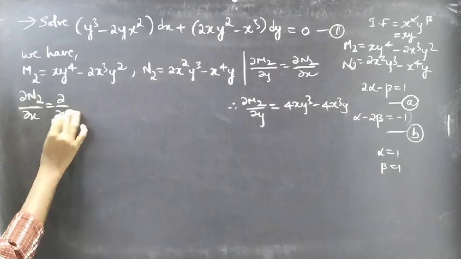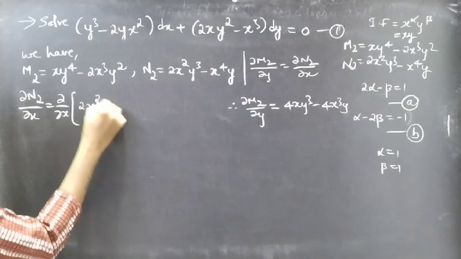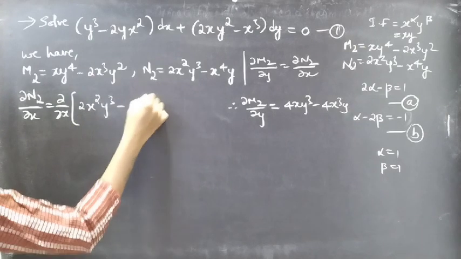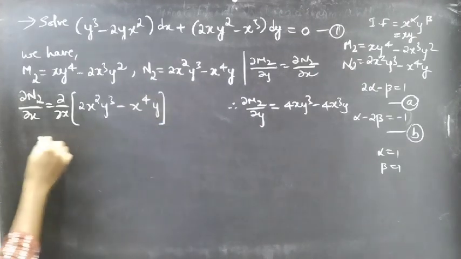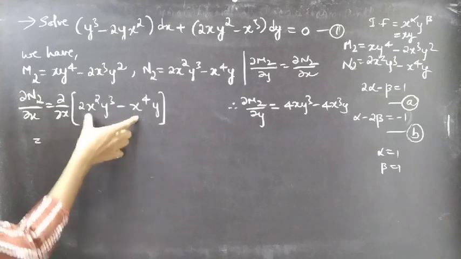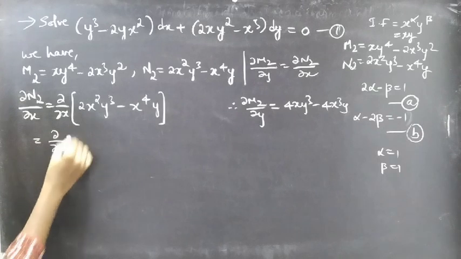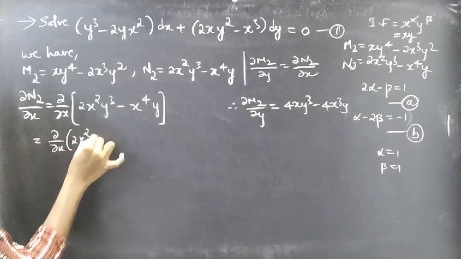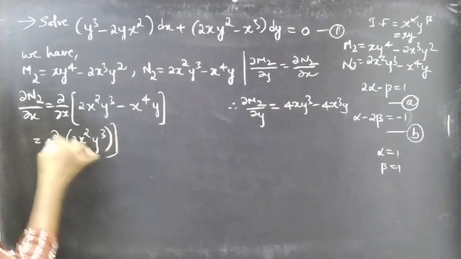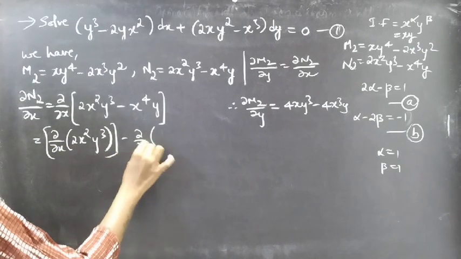Dou by dou x of N2, 2x square y cube minus x power 4 y. Here we are finding partial derivative with respect to x, so y is treated as constant. Partial derivative of first term minus partial derivative of second term.